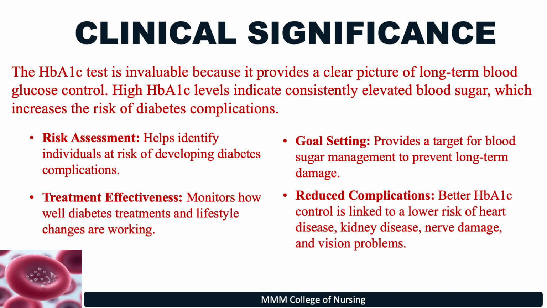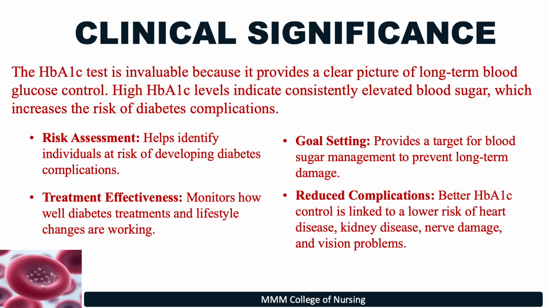This helps in goal setting, that is, providing a target for blood sugar management to prevent long-term damage. This test also helps in assessing the treatment effectiveness. It monitors how well the diabetes treatment and lifestyle changes are working. And also, it helps in reducing the complications.